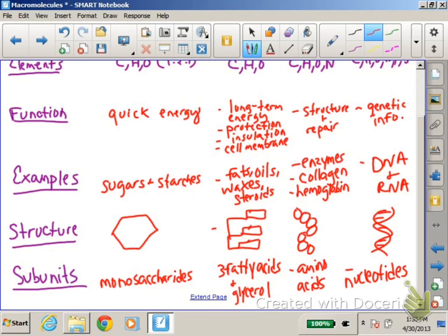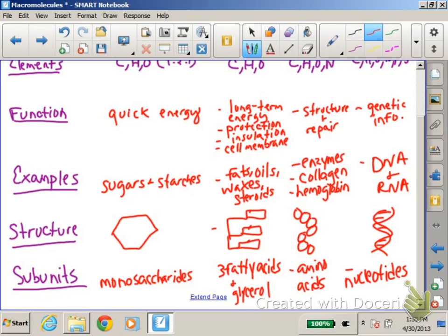Okay, so let's go over your questions. Number 1, it says, what are the 4 major biomolecules necessary for life? It should be your carbohydrates, your lipids, your proteins, and your nucleic acids. Number 2, how many electrons does carbon have available for chemical bonding? We're not really worried about that, but the answer would be 4. Number 3, lipid is another name for fat.